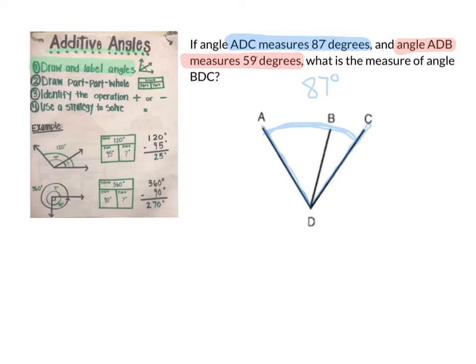We start with A, trace down to D, and up to B. So that tells us that we're looking at this angle right here. Our problem tells us that angle ADB measures 59 degrees. So I'll label this 59 degrees.